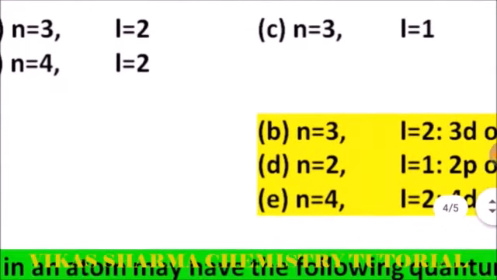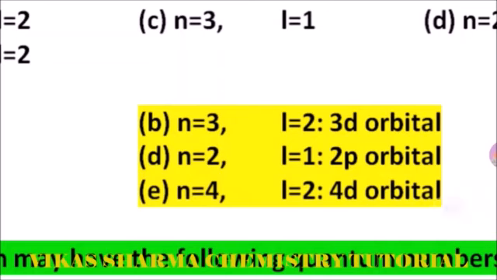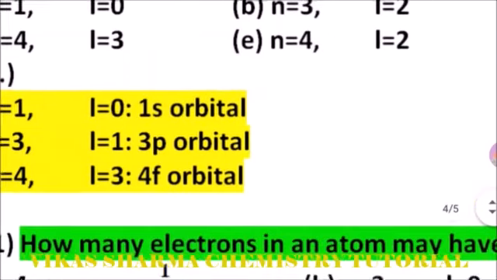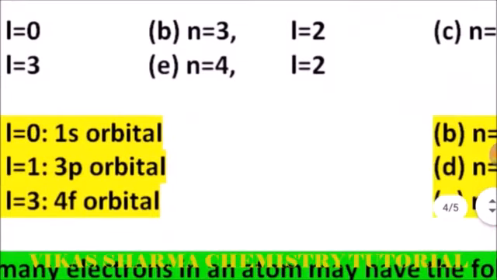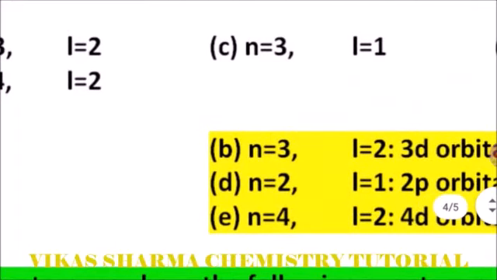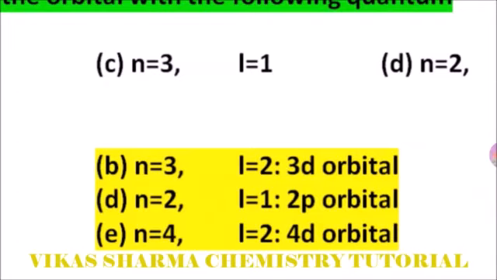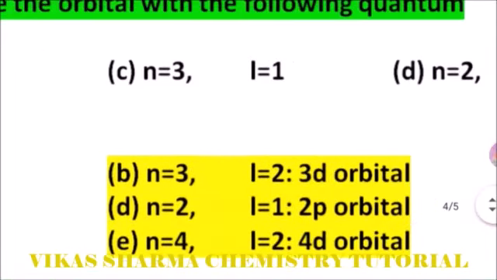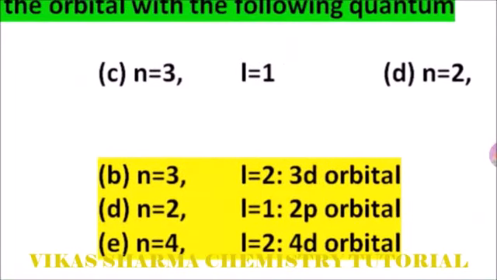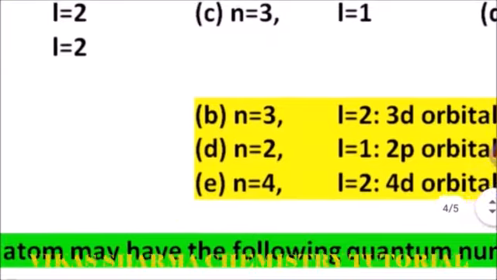Second, n is equal to 3 and l is equal to 2, which is the 3d orbital. n is equal to 3 and l is equal to 1 is the 3p orbital. n is equal to 2 and l is equal to 1 is the 2p orbital. n is equal to 4 and l is equal to 3 is the 4f orbital. n is equal to 4 and l is equal to 2 is the 4d orbital.